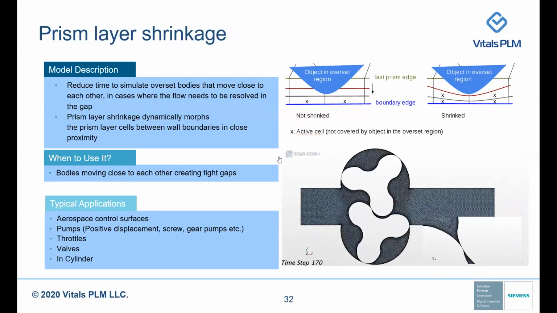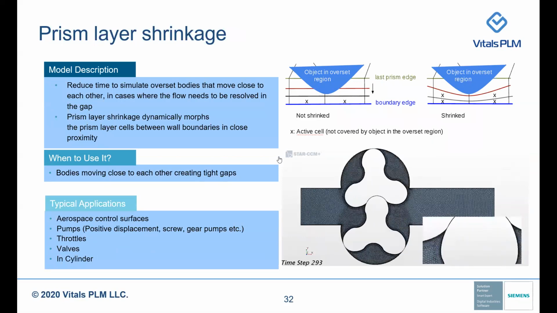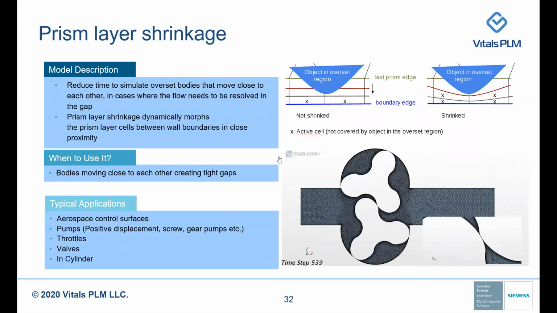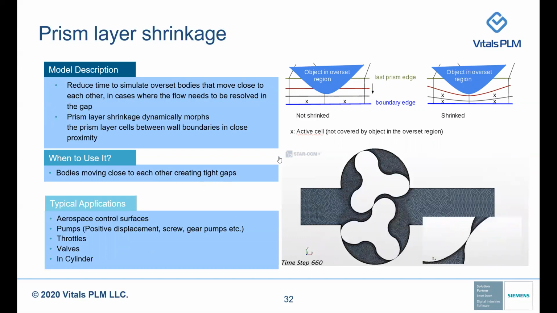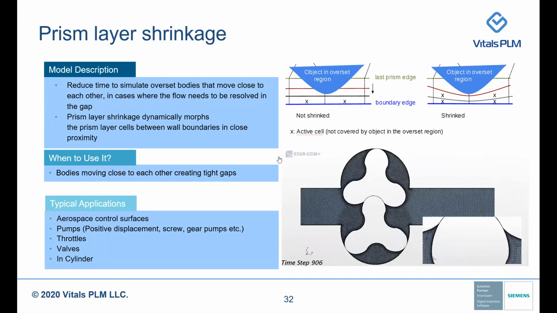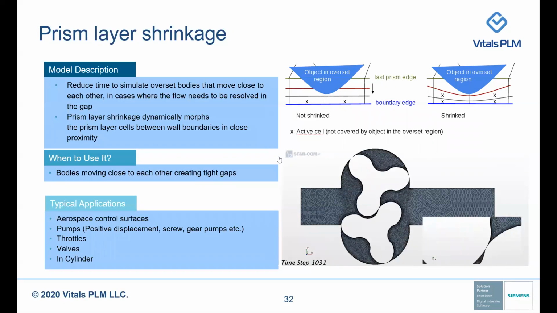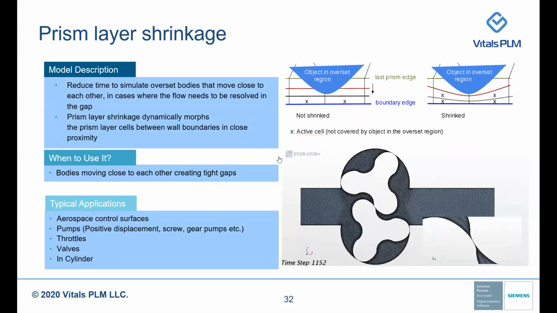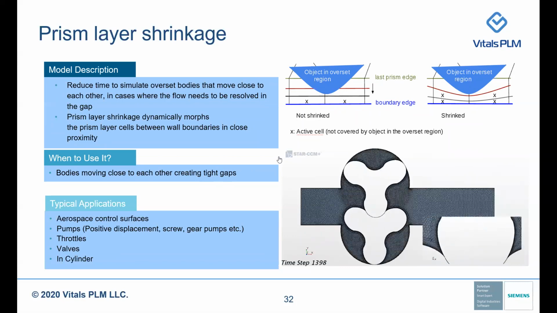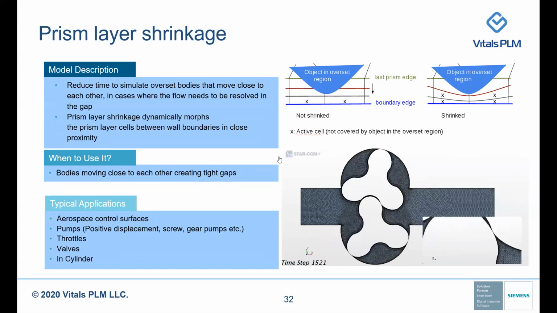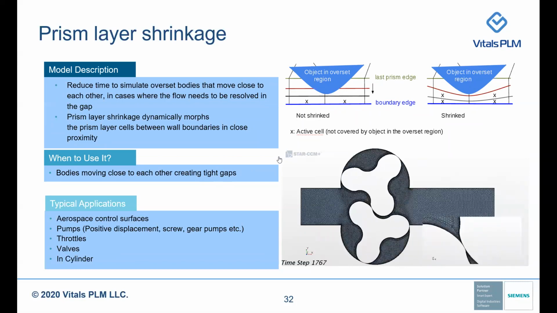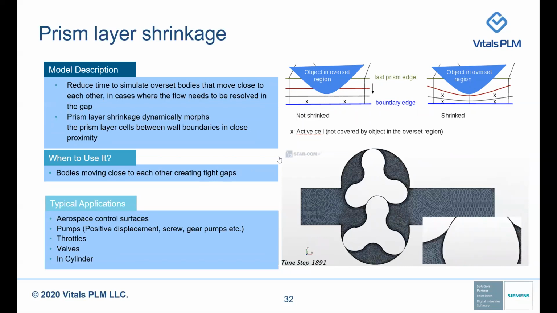And the final feature in the overset mesh is the prism layer shrinkage. Here, in screw compressors, when they are in operation and come in contact with each other, there is a very small gap, and there's a need for numerical stability by controlling the prism layer mesh between those tiny gaps.